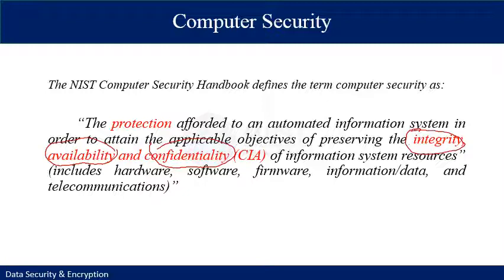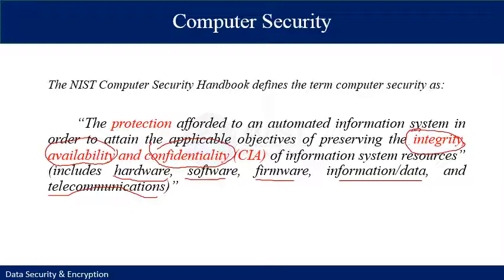This also includes the availability of hardware, software, firmware, information data, and all the communication. It also includes the confidentiality of software, information, and data along with telecommunication. And integrity mostly deals with the information and data, and it may also deal with the integrity of the network, such as some hardware or telecommunication.